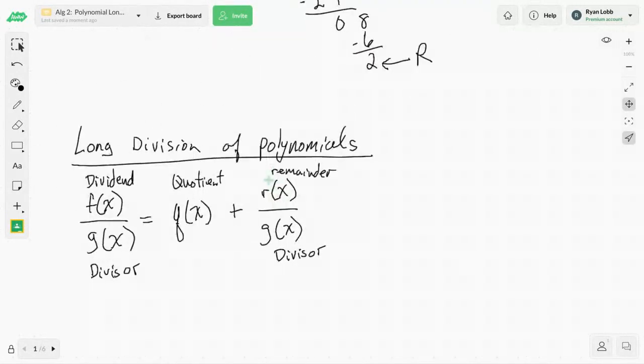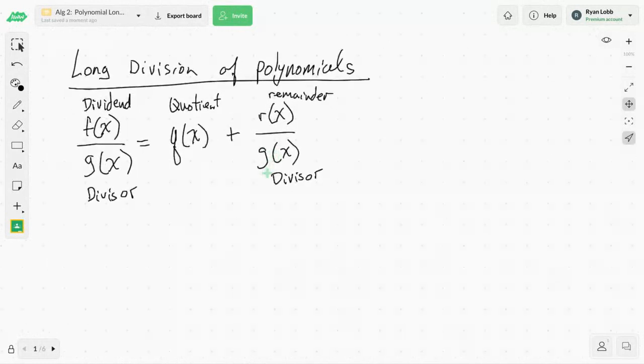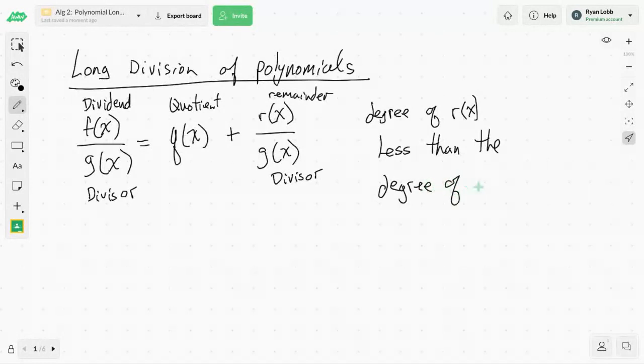So here, when do I know I'm done? Well, in this case, it's not going to be a number. I mean, it does deal with the number, but it really has to do with the degree. So what happens here is that the degree of r of x is less than the degree of g of x.